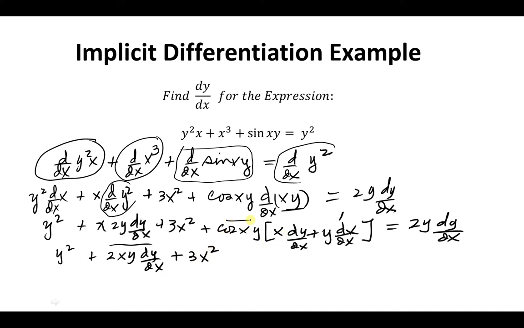I'm going to distribute the cosine of xy, and I get plus x cosine of xy times dy/dx plus y times cosine of xy. Notice that d/dx of x is just 1. And so then that equals 2y dy/dx.